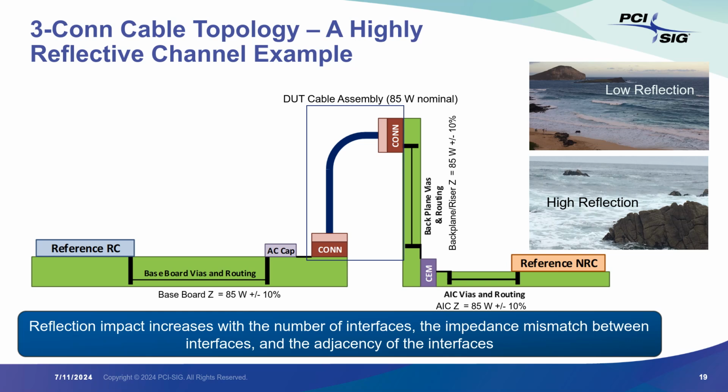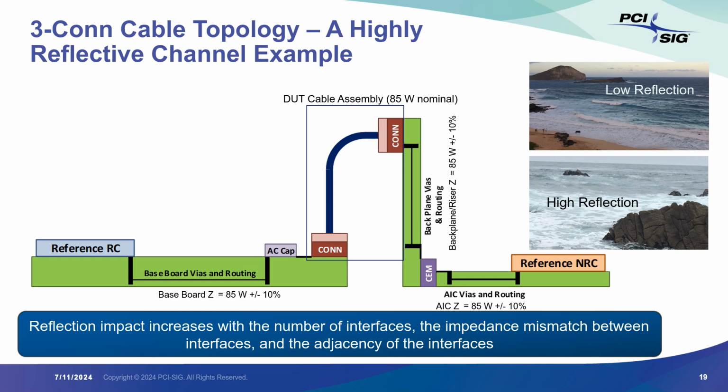And what I'm showing on the right is low reflection versus high reflection. From an intuitive point of view, if you are on a beach which doesn't have many rocks, it seems pretty quiet, with pretty blue waters. But once you have a lot of rocks there, which will create a lot of surf, that is a high reflection example because of that whiteness.